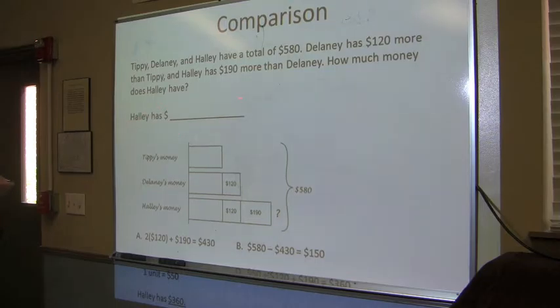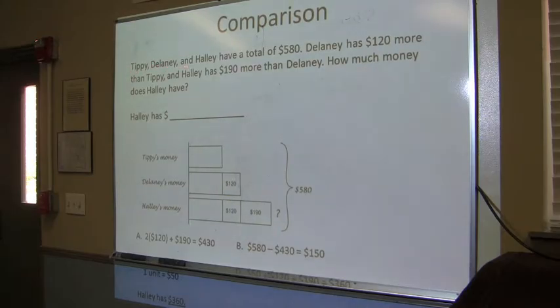Your first step is writing, Haley has so much money, because that answers the question of the problem. The third step is identifying the who's and the what's, putting a unit bar down, and now you start rereading, or they say reflectively reading, the problem again.